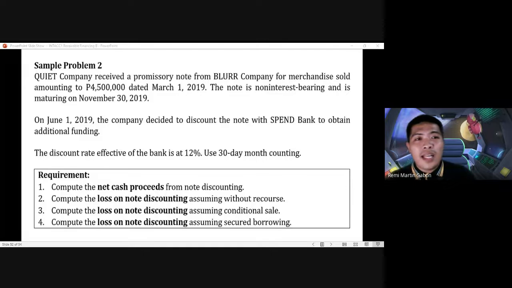Yung discounting natin, nasa June 1. So from June 1 to November 30, ilang months yan? June, July, August, September, October, November. 6 months.